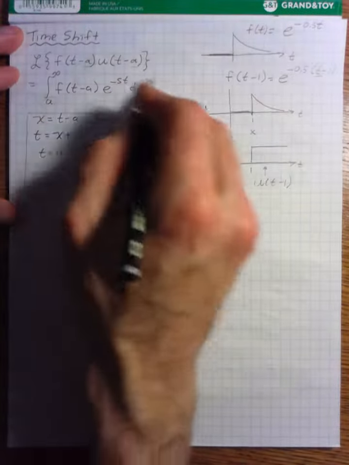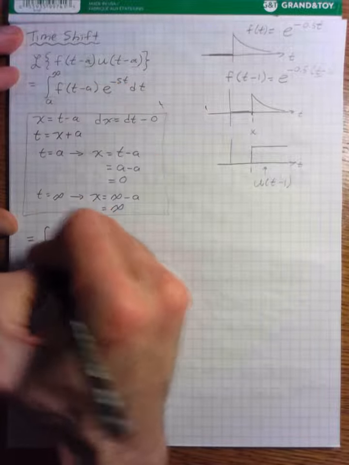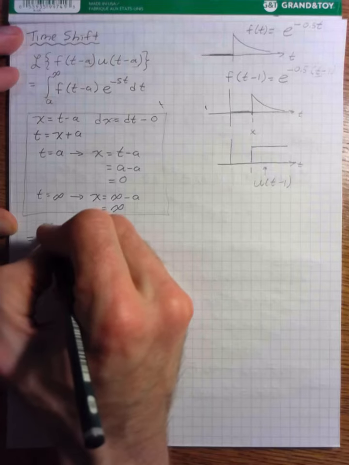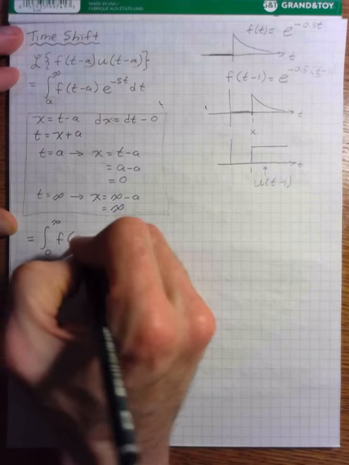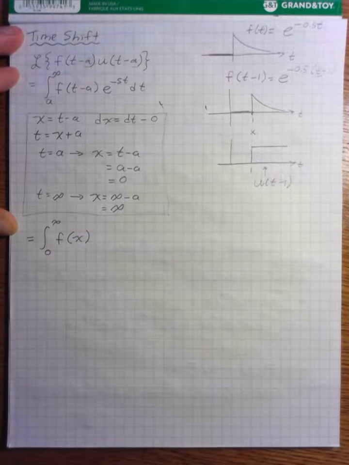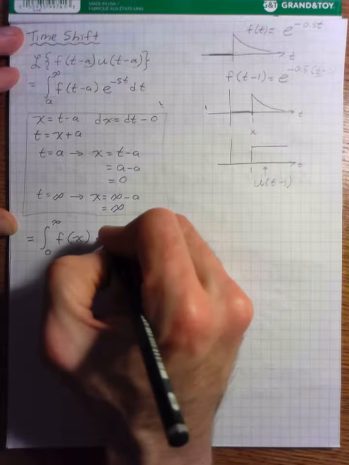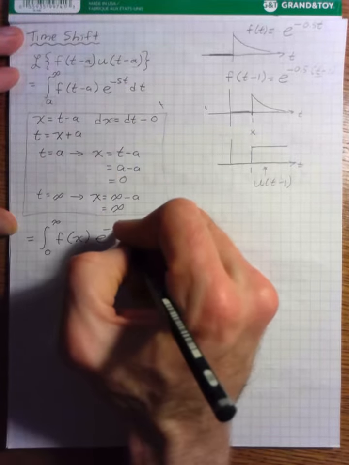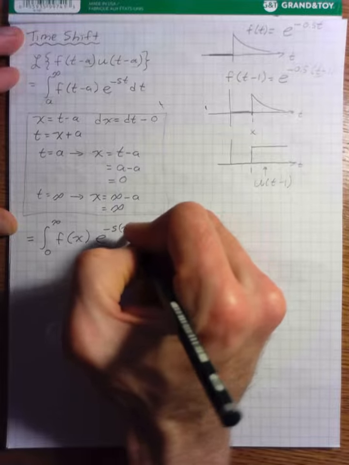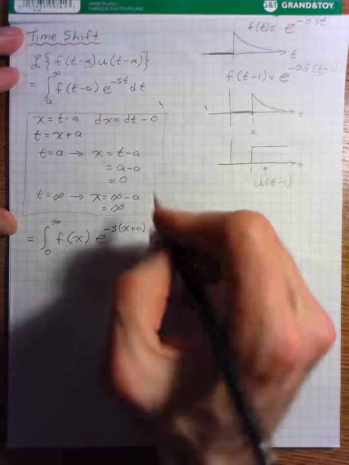And if we continue our equation up here, that means we integrate from 0 to infinity, f of x, e to the minus st, but t is equal to x plus a. So this is x plus a. dt is equal to dx.